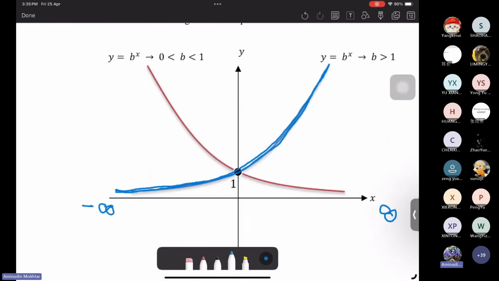For example, any value above the x-axis means that the value of y is positive. So the graph can have any value of y, as long as y is positive. Y must be positive. We cannot draw in this area; this quadrant has both x and y positive. This is x negative, y positive.